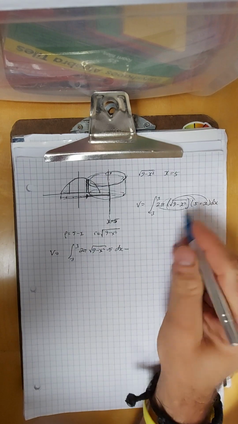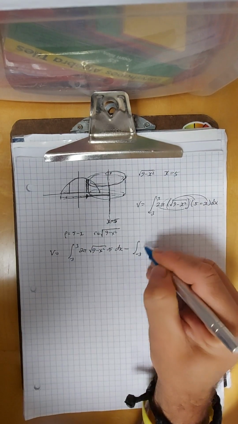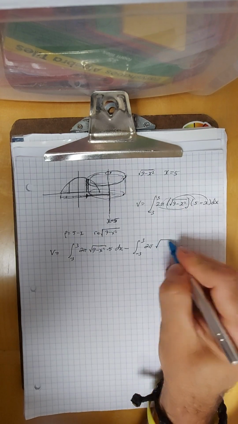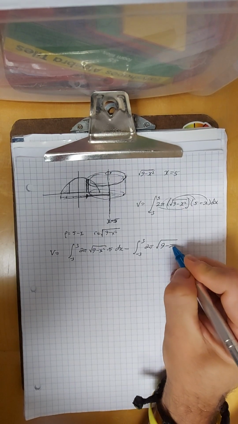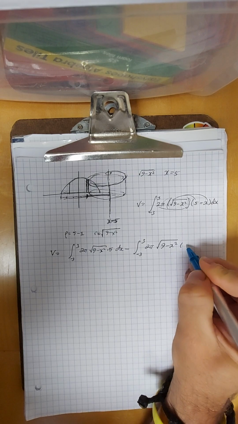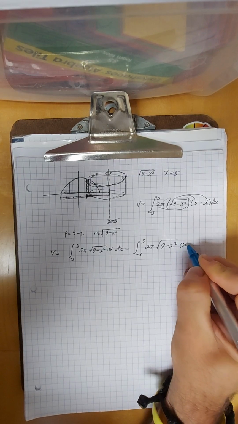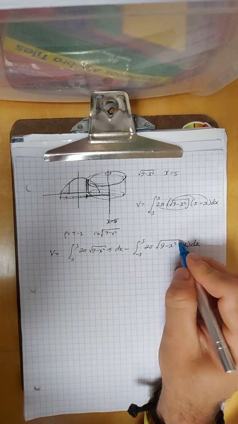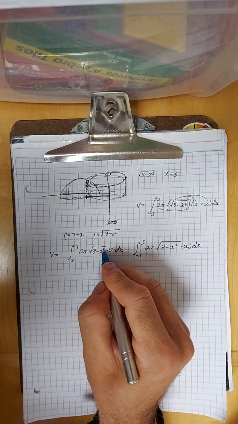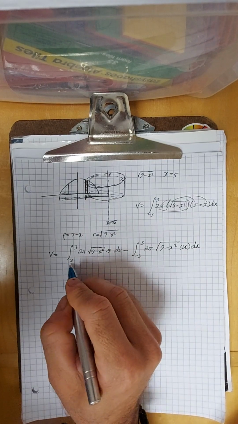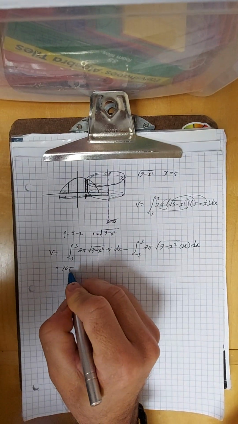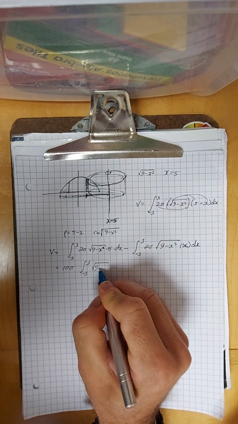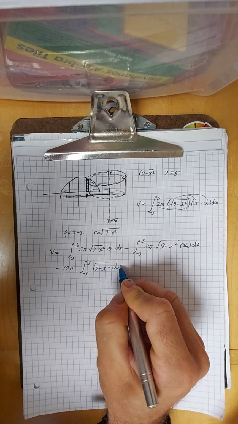Then I'm subtracting the minus coming from there. Then I go from -3 to 3 of 2 pi, and then the square root of 9 minus x squared times x dx. Okay? All right, so something to note here. If I clean up the constants and move everything out, this is going to be 10 pi, the integral from -3 to 3 of the square root of 9 minus x squared dx.